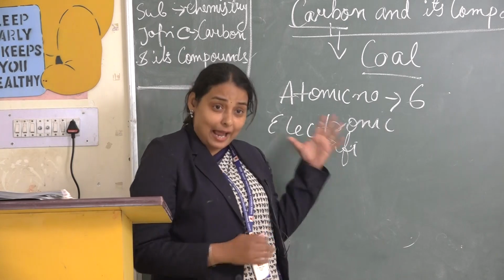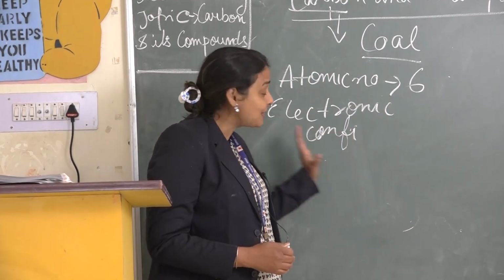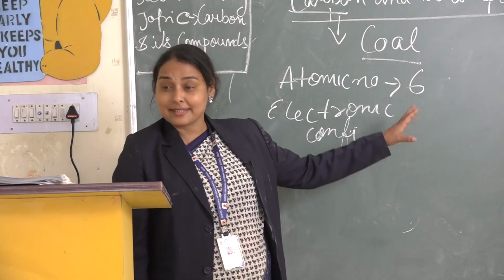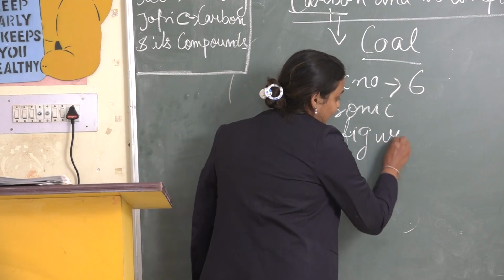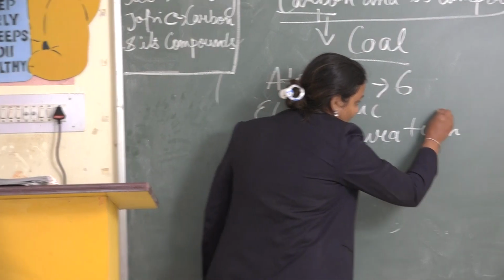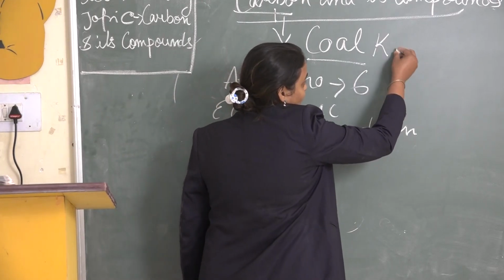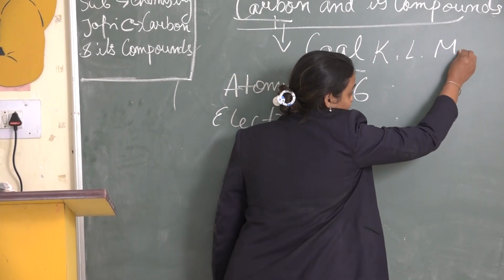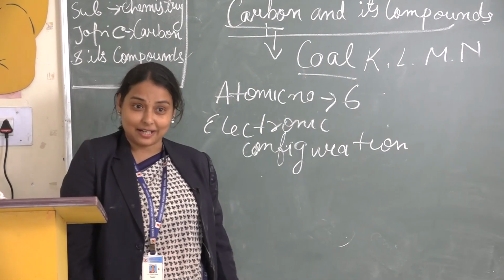But still, in this chapter we should know how we distribute the 6 electrons of carbon. When we distribute the electrons, we use the shells K, L, M, N, right students, as we have done in our previous classes.